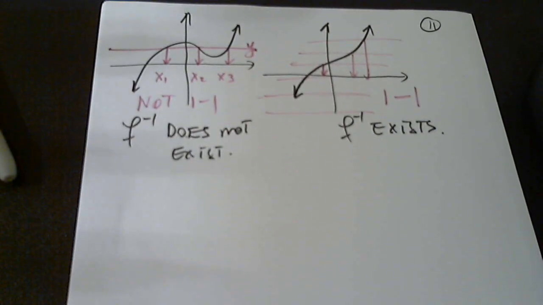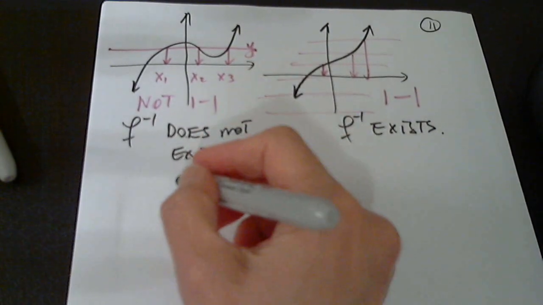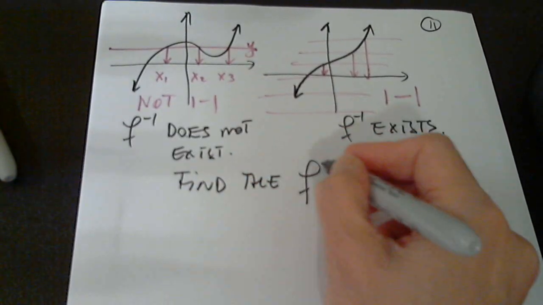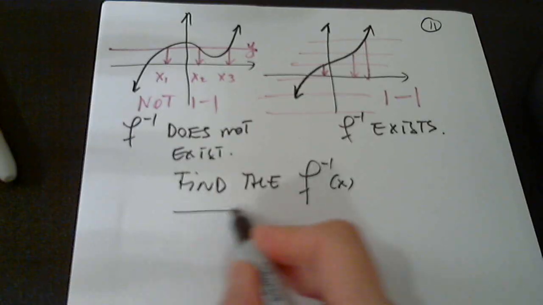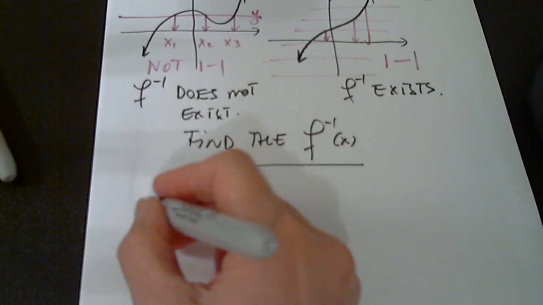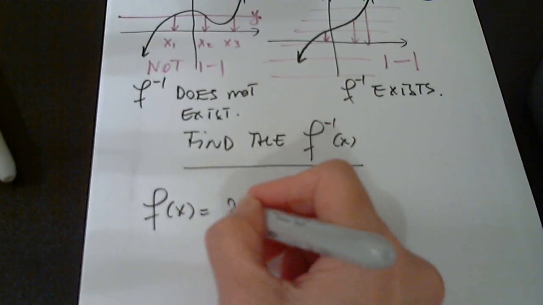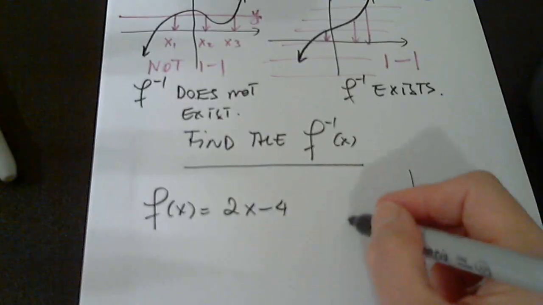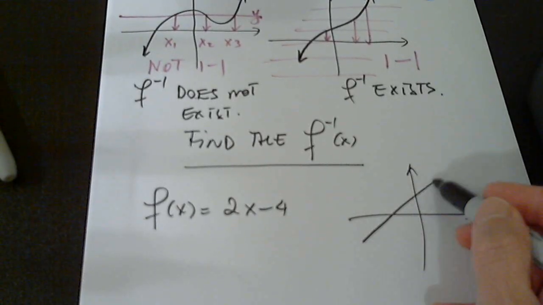Okay, there is a procedure for finding the inverse. Find the inverse function. How do I do that? So if we go back to a simple example, this is a line. A line is always one-to-one.